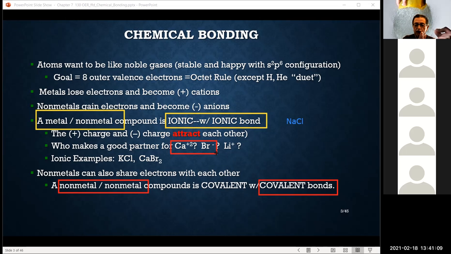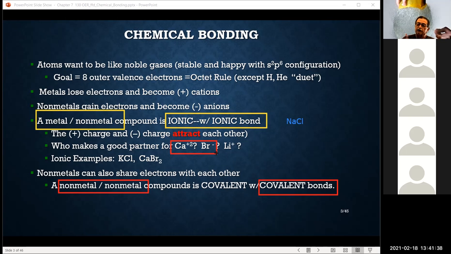Here's the main difference. When an ionic bond is dissolved in water, they literally break apart into their ions again. Okay. If I take sodium chloride and I make salt water, I dump it in water, the sodium ion plus and the chloride ion dissociate and they break apart completely.